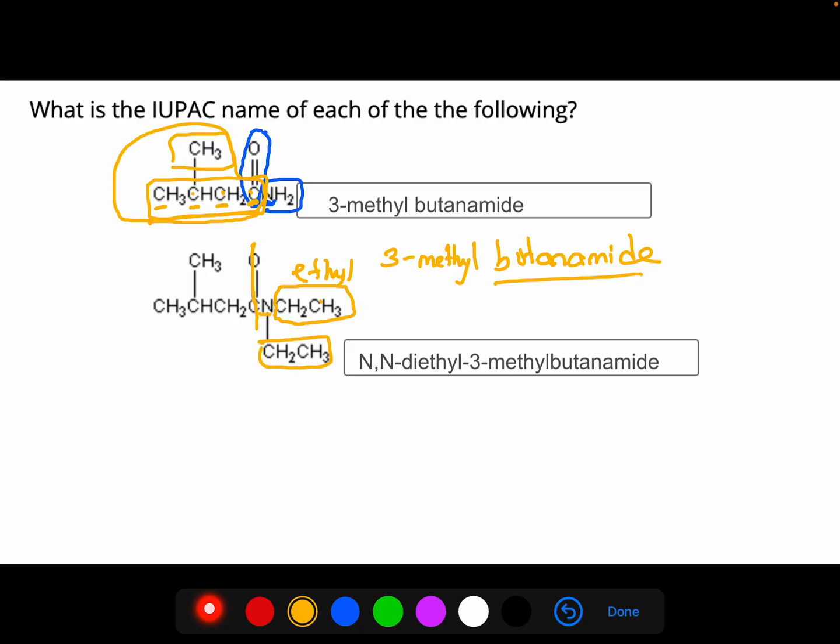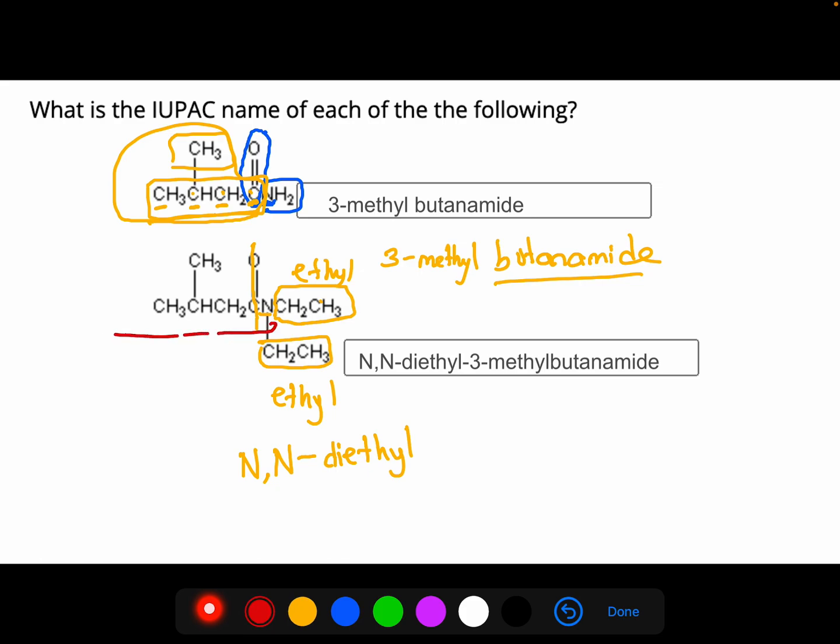On here, I have another ethyl, right? So nitrogen has one ethyl. Nitrogen has another ethyl. So we're going to say N has ethyl, N has ethyl. Since there are two of them, N,N-diethyl. Okay, so we're done with this part.